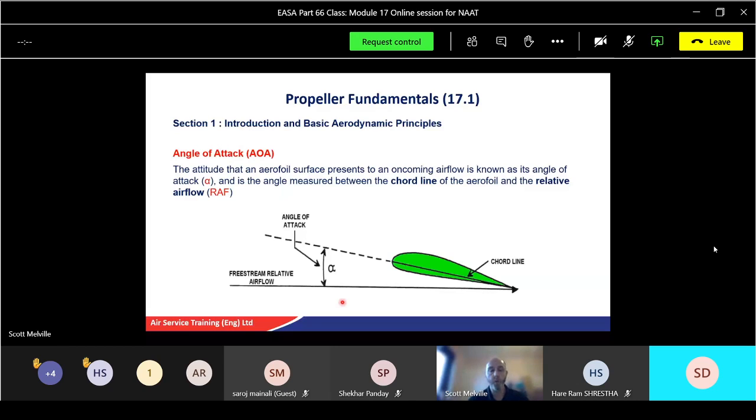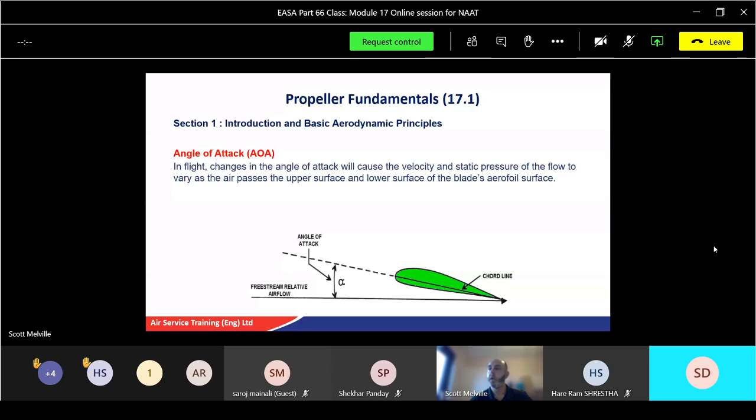On modern aircraft, we can change the angle of attack by twisting the blades on the actual hub itself. Some propellers, on small aircraft, might be fixed. They have a specific angle of attack because they're designed to fly in specific conditions. They might be fast and powerful or slower but more cruisable. Again, we'll discuss that later on. Okay, so hopefully everybody recalls the angle of attack.